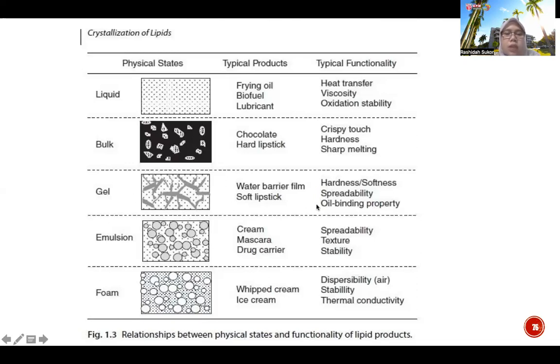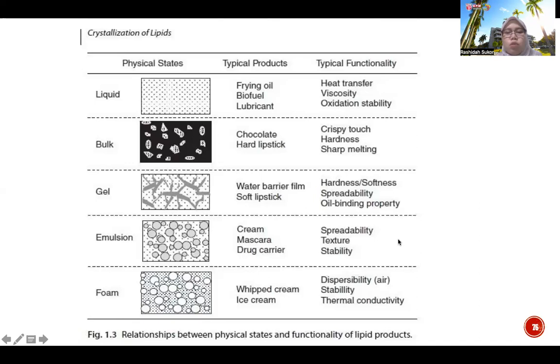And then we also have gel. Gel type physical state. Typical products will be water barrier film and also soft lipstick. We have hard lipstick and soft lipstick, right? That is in terms of gel format, the gel physical state.